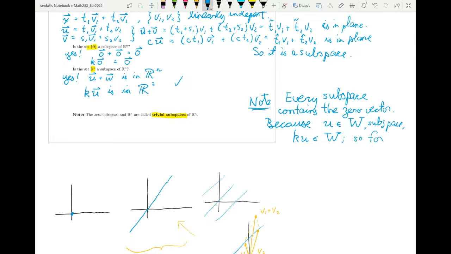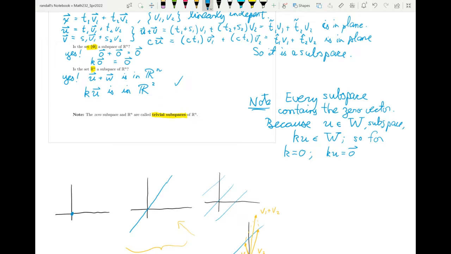I can take k to be any scalar, so take k to be 0. Then ku is the zero vector. So because a subspace is closed under scalar multiplication, it must contain the zero vector. So that's useful. If you can prove that a subset does not contain the zero vector, then you can establish that it's not a subspace.